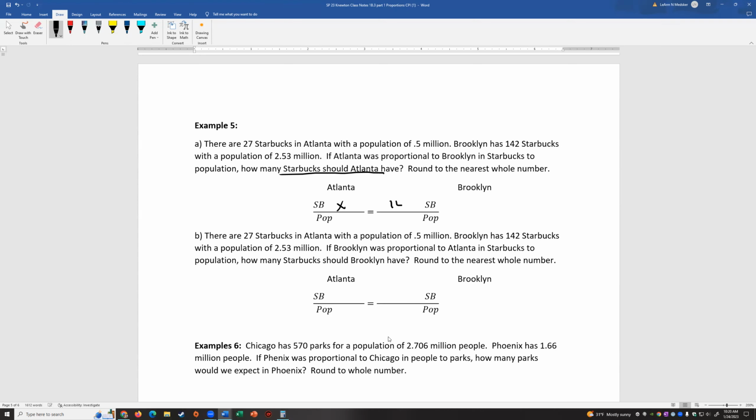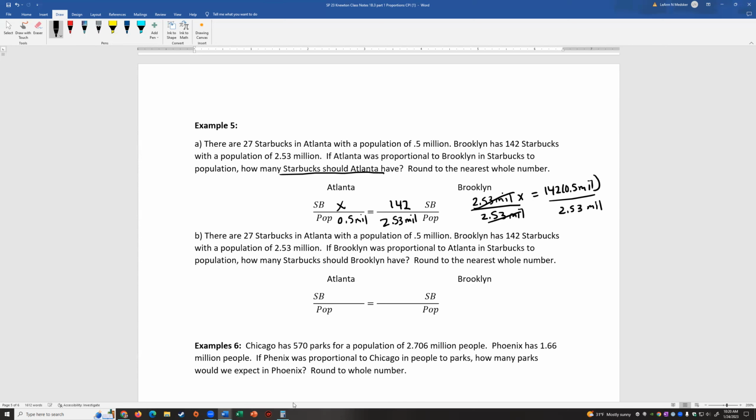So Brooklyn had 142 Starbucks and 2.53 mil for the population. Atlanta had 0.5 mil for the population. So I'm going to write this out again. It's 2.53 mil times X equals 142 times 0.5 mil. 2.53 mil is next to X, so we'll move that over by dividing.